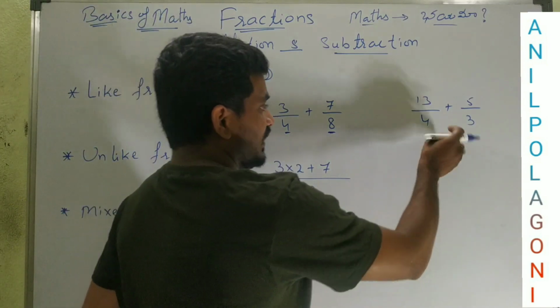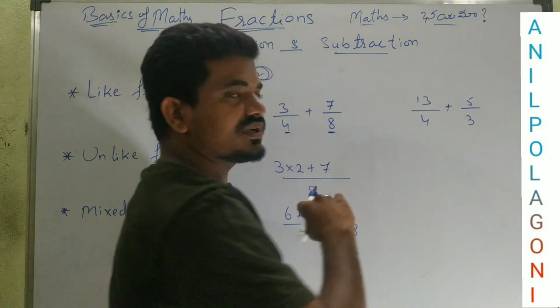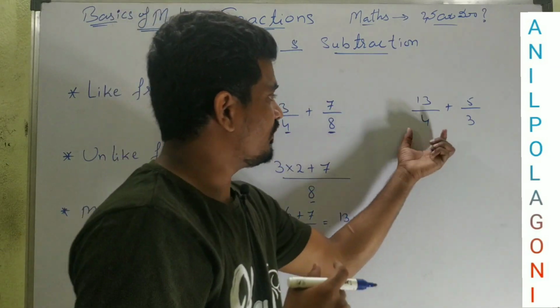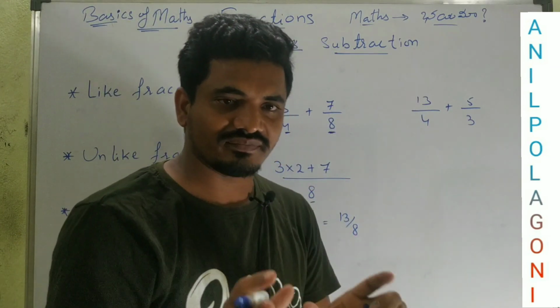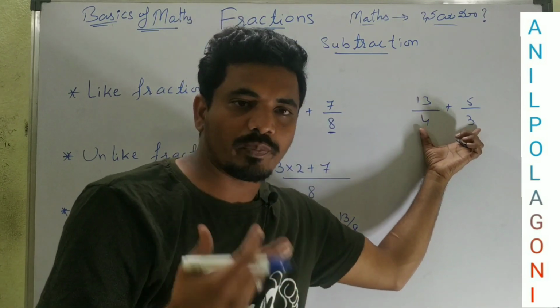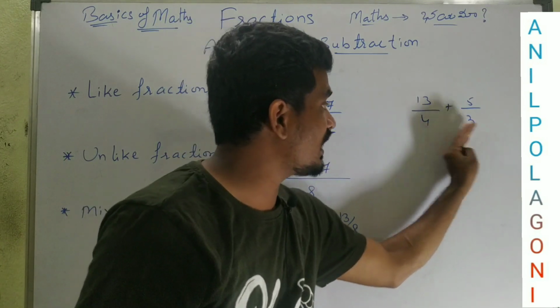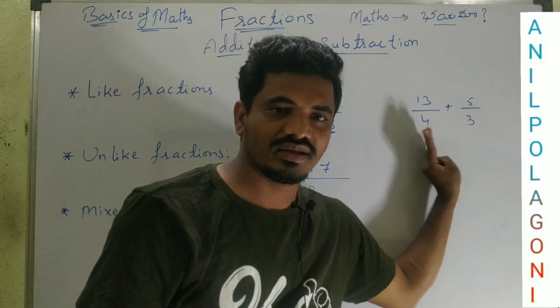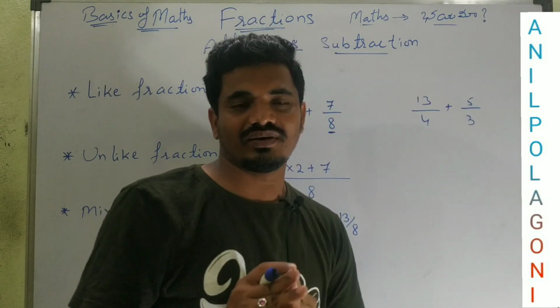And next, if the denominators are not multiples or factors of each other, then we can take these two as co-primes. That means they should not have any common factor other than 1.